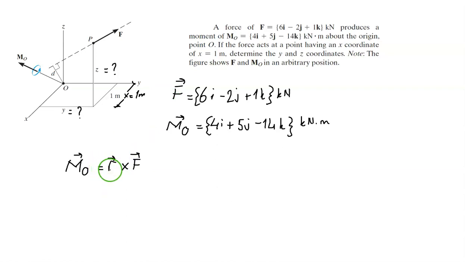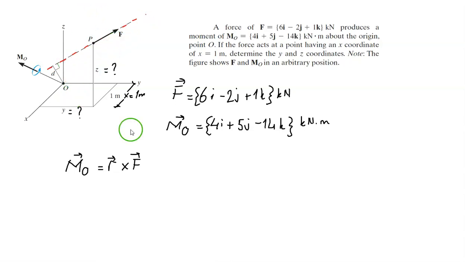That position vector can be any vector that starts from point O and leads to any point lying on the line of action of force vector F. If you remember, any such vector can be used for this purpose.